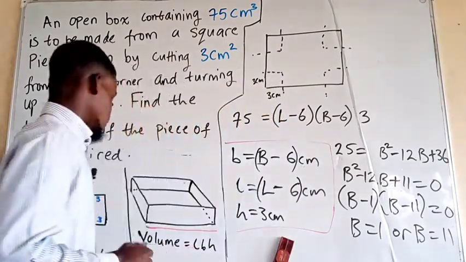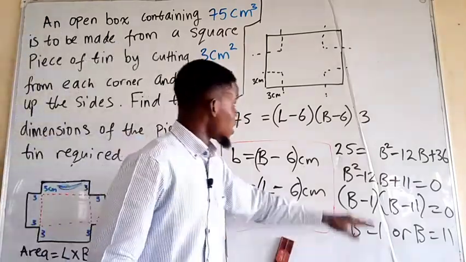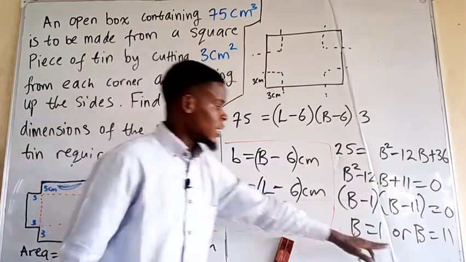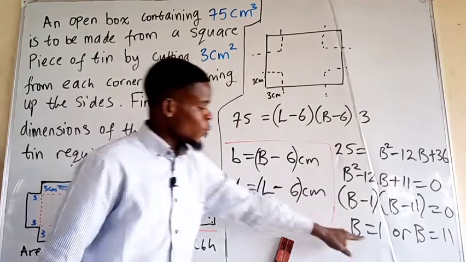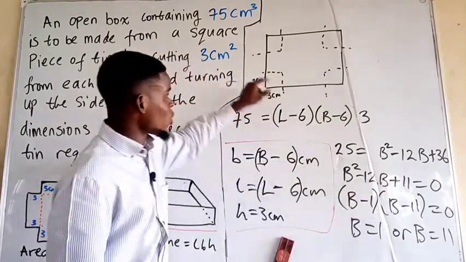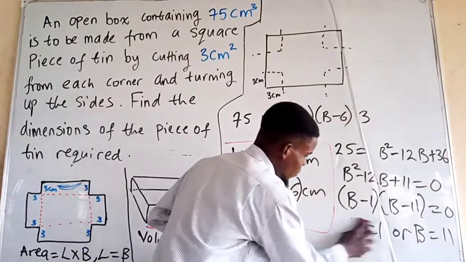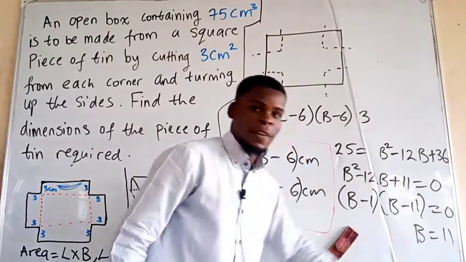Okay, great. But notice that this B is actually the breadth of the main piece of tin. So if it is 1 centimeter, and you cut off 3 centimeters, that is not possible. So in that case, B equals 1 is not taken. The only thing that we have left is B equals 11.